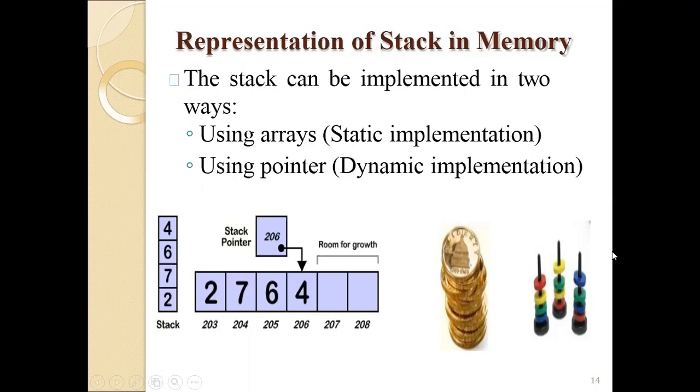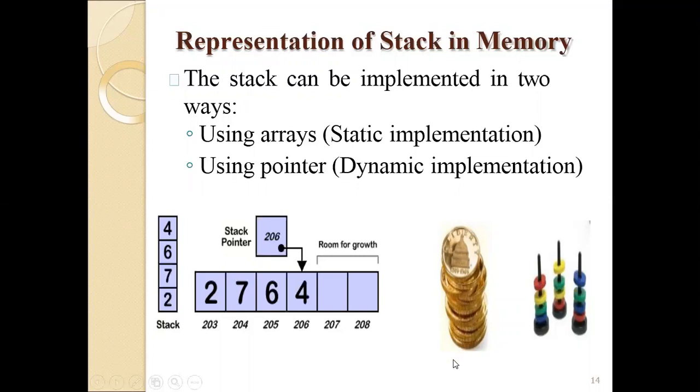Okay, and as I have already told you, see one example of a stack here: arranging coins one over another. This can be considered as a real-time example of the stack. Then the second one, inserting rings one over another, is also an example of a stack. Why?